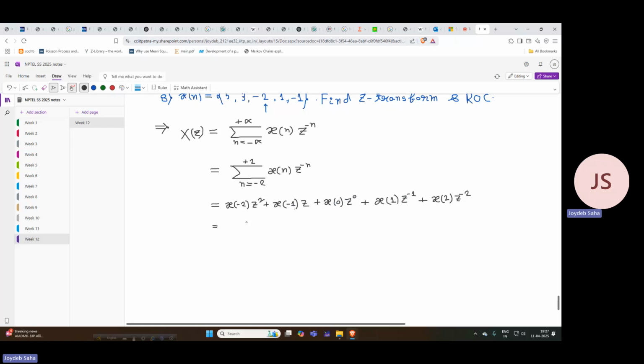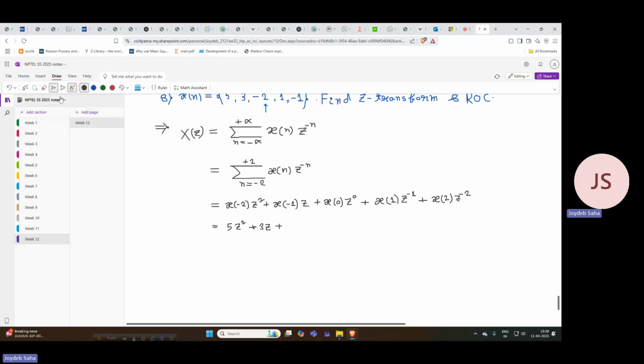So what is x of minus 2? It is 5. 5 z square, plus x of minus 1 means 3 z, plus minus 2.